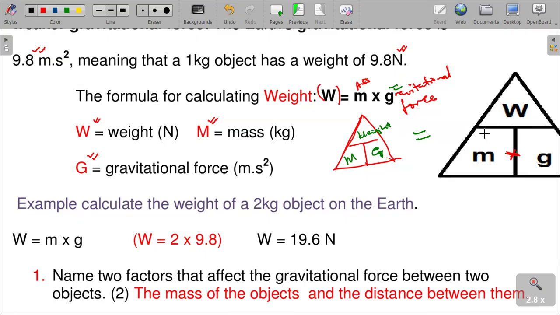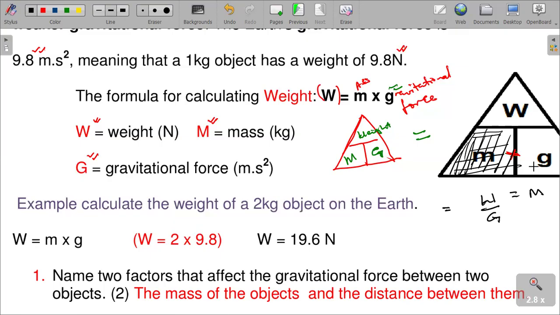If we cover M here, it means that mass is equal to W over G. W over G can give us M. As you can see, we have just covered M, so in order for us to get it, we have W over G. That is how this can be used.